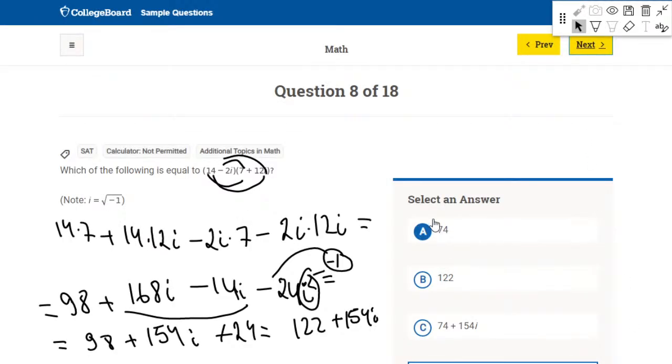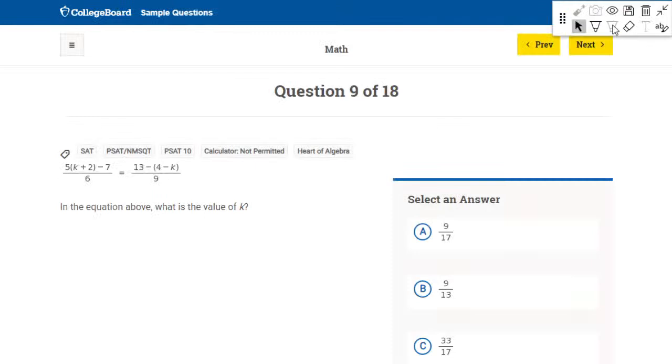Next. So we just need to find the value of k from the equation. What I might first think is that I will cross multiply, but actually there's something easier I can do. I see that the denominators 6 and 9 are both divisors of 18, right?